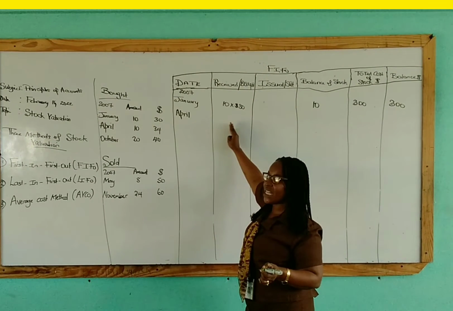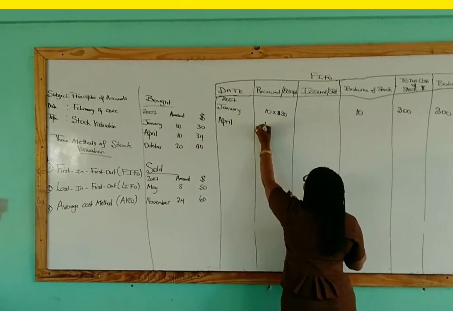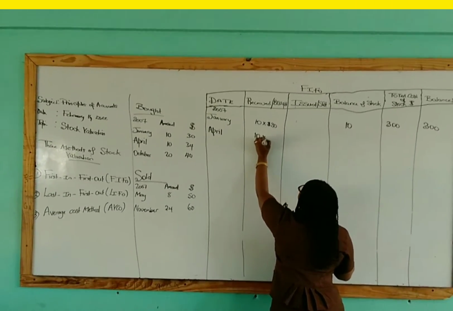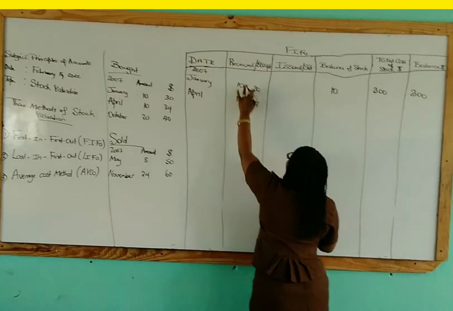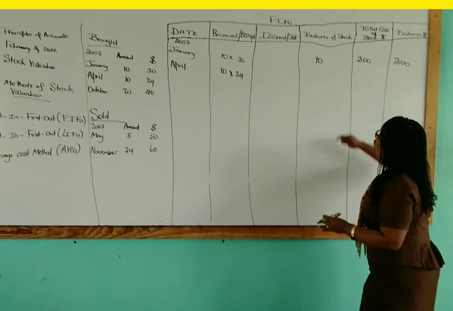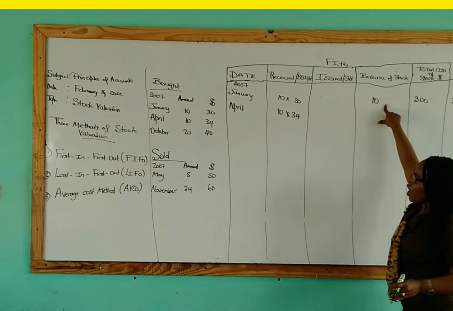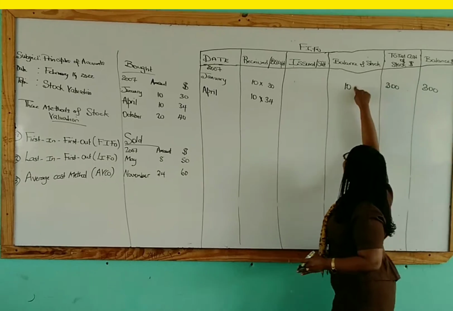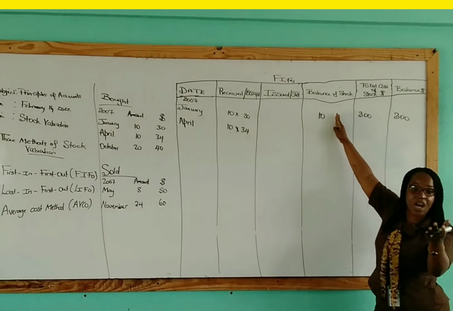It's in the storeroom. In April, we also bought another 10 at 34. Now, to know your balance of stock, you're going to add this 10. Remember, in January we didn't sell anything, so the 10 that we bought in January stay in the storeroom.